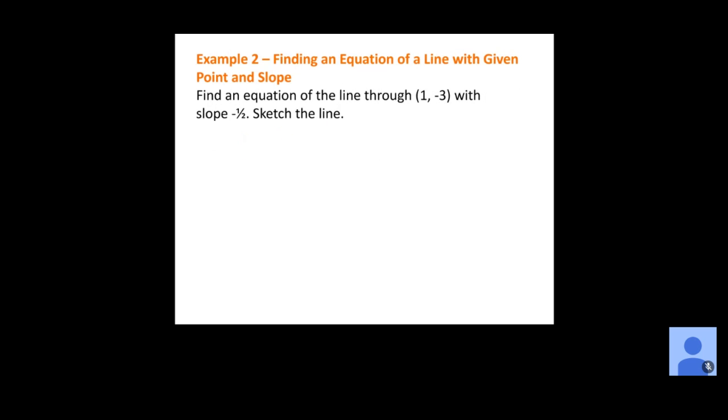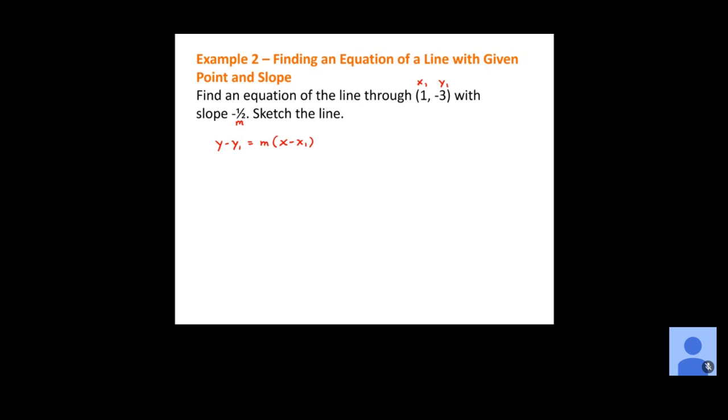All right, so we want to find an equation of the line that goes through the point 1, negative 3, and has a slope of negative 1/2. We're going to use that formula that we just saw. So y minus y1 equals m times x minus x1. This time our point gives us our x1 and y1 values, and our slope is going to be our m value.